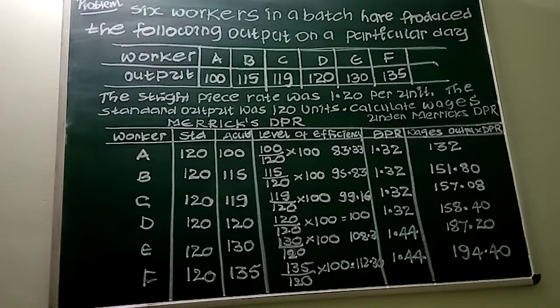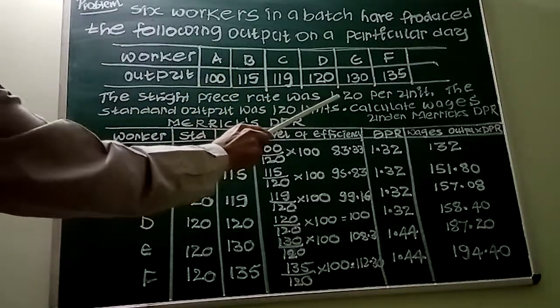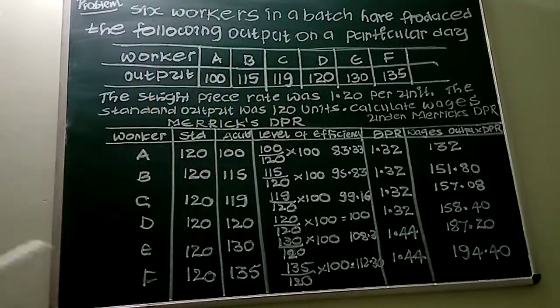Here the ordinary piece rate is 1 rupee 20 paisa.